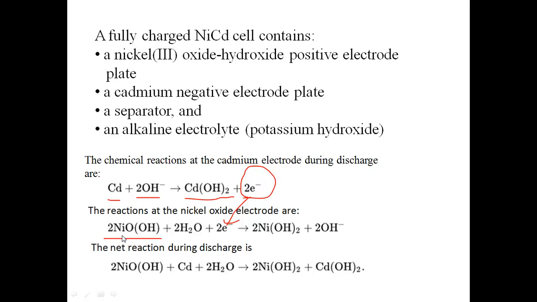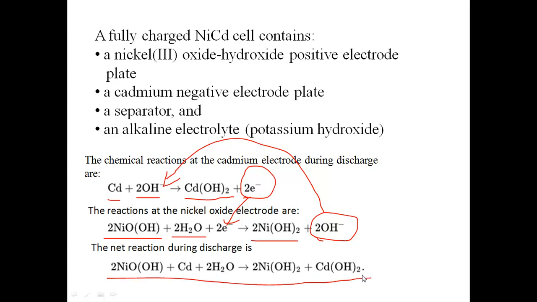The nickel oxyhydroxide reacts with water to create nickel hydroxide, liberating two hydroxyl ions that is utilized in the anode. So the net reaction, that is the sum of these two reactions, can be written like this. This equation gives us a nominal voltage of 1.2 volt.